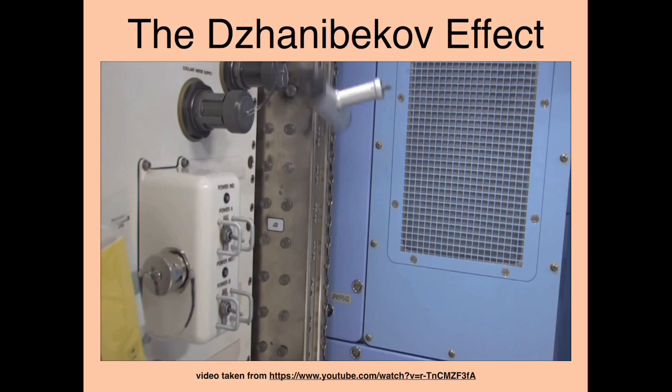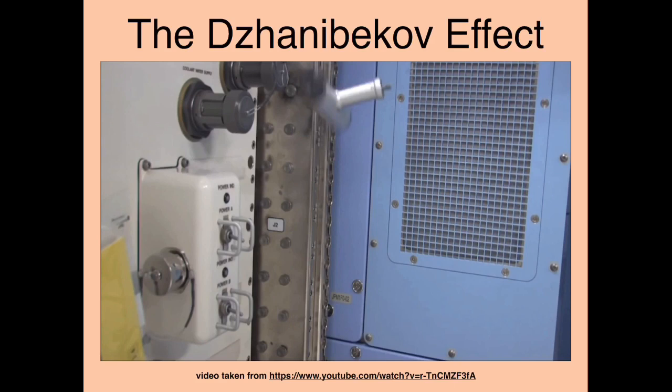So that's called the Dzhanibekov effect. And if you really want to understand why that's happening, you're going to have to dive into some of that math, which, again, we're not going to cover in this class. It's going to be a topic for an upper division physics course. So if you want to understand why this is happening, keep taking physics through the university level, and you'll eventually get to why this is happening.